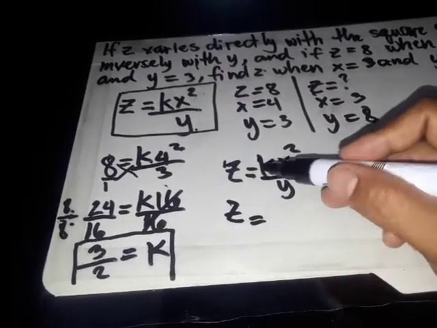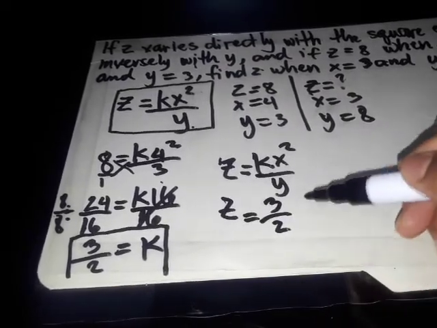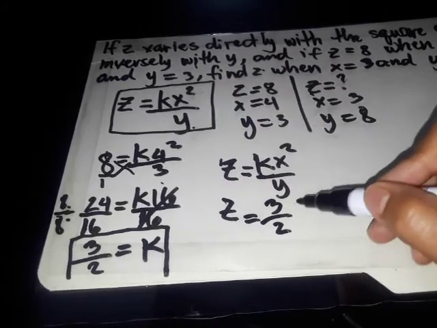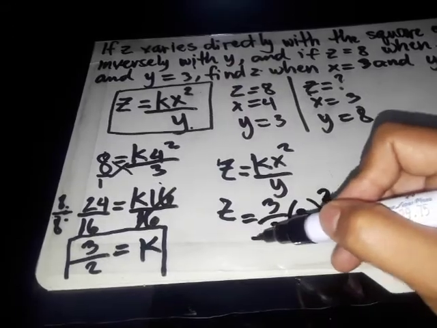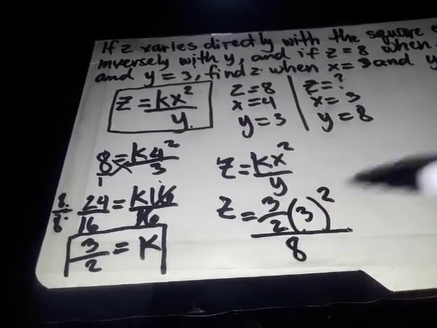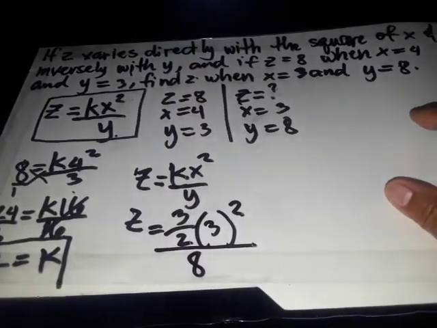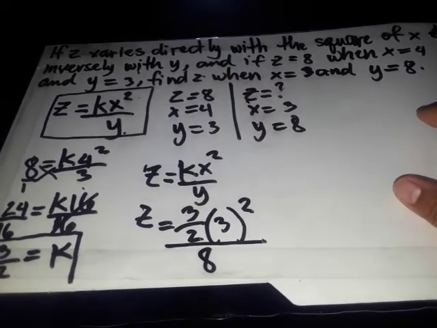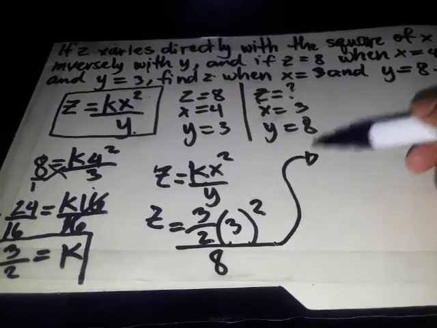And then, ang K natin ay 3 halves. And then, ang X natin ay 3 squared. All over, ang Y natin ay 8. Okay. So, of course, dito, kailangan natin i-apply ang order of operation. So, balik tayo sa taas. Kasi wala na tayong space.